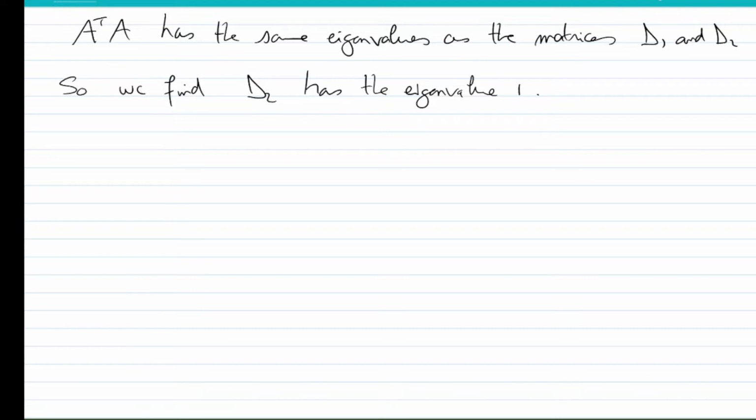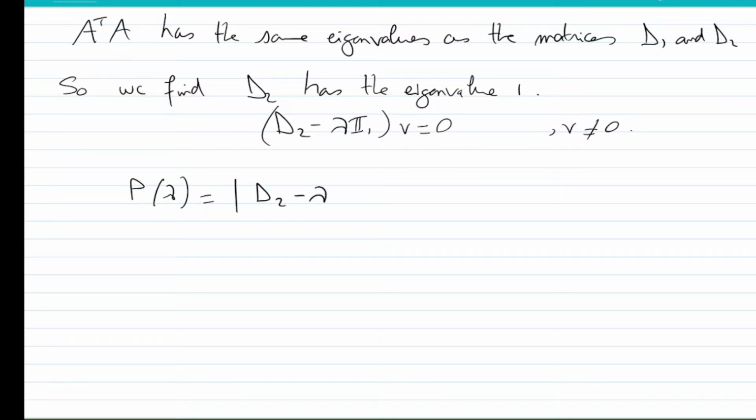Because if I look at this scalar equation, I'm looking for solutions of AV equals lambda V, or D2 minus lambda times identity, but identity in the 1-1 case is just 1, times V equals 0, for a V non-zero. And remember that this is equivalent to solving the polynomial P of lambda equals determinant of D2 minus lambda times identity, which is 0, which means that lambda equals D2 equals 1.